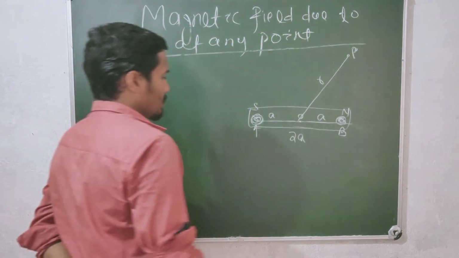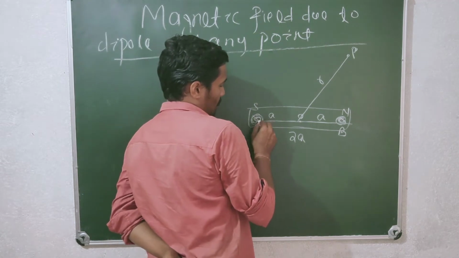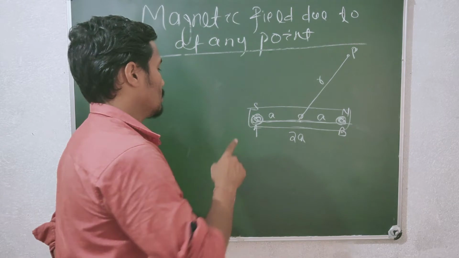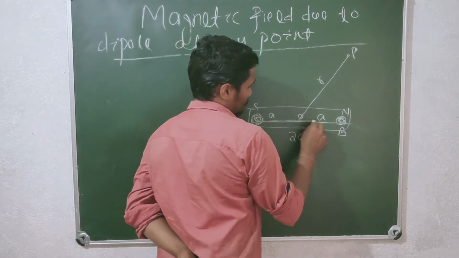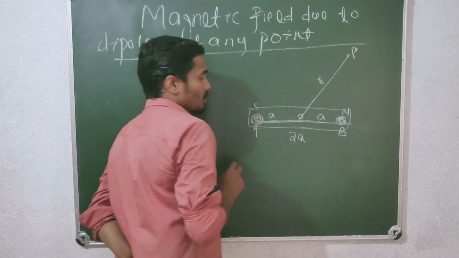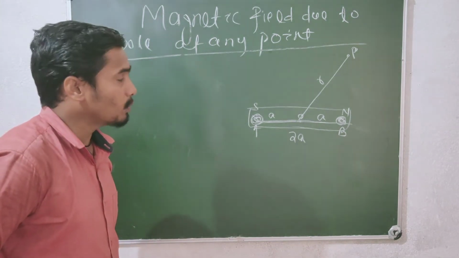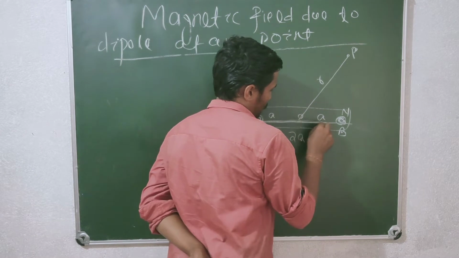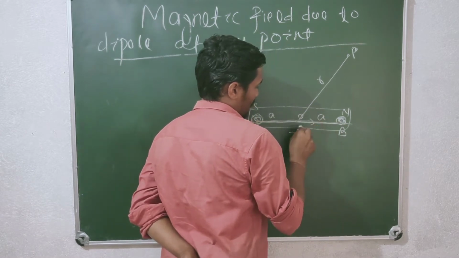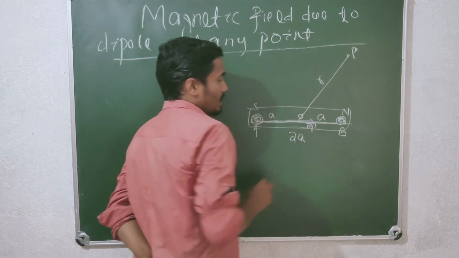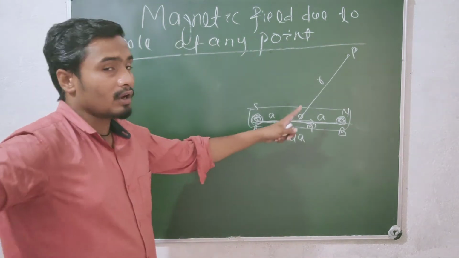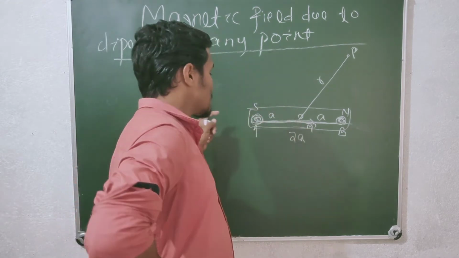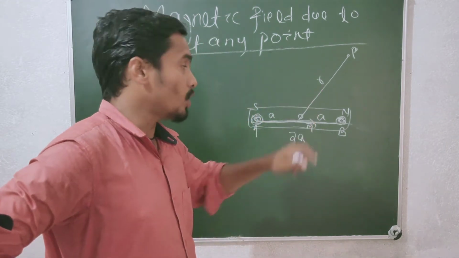Now look at the figure here. You already know from the previous class that the magnetic dipole moment is always directed from the south pole to the north pole, and its symbol is the vector m. So m is the magnetic dipole moment, directed inside the bar magnet from south pole to north pole.